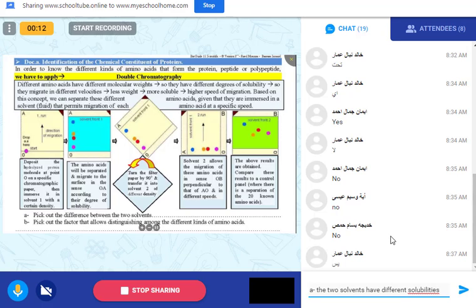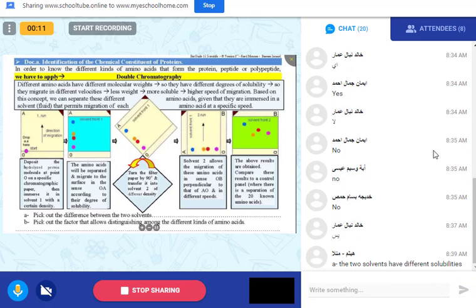Any answer? So, the two solvents have different what?